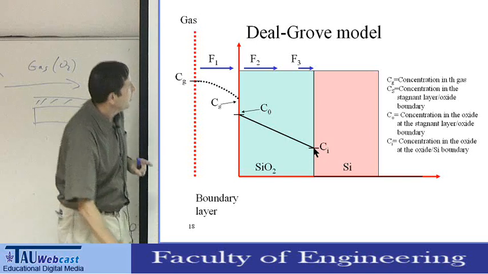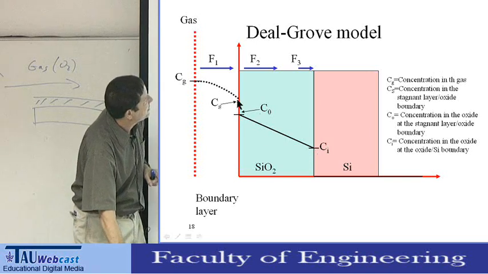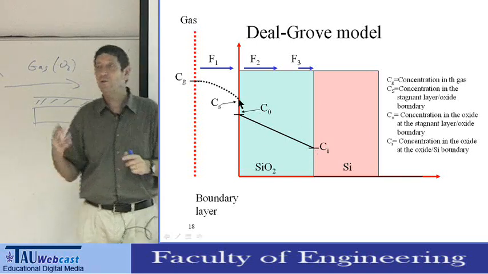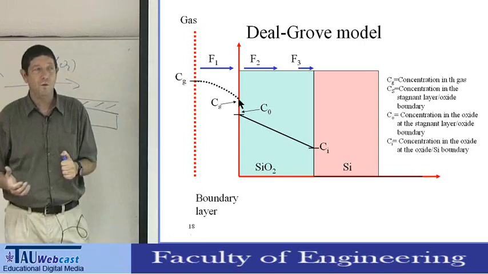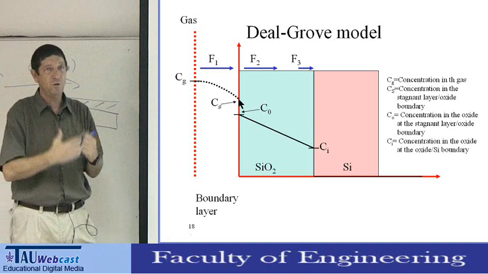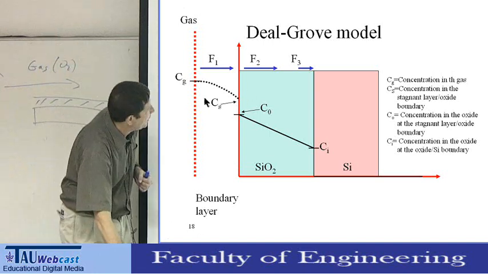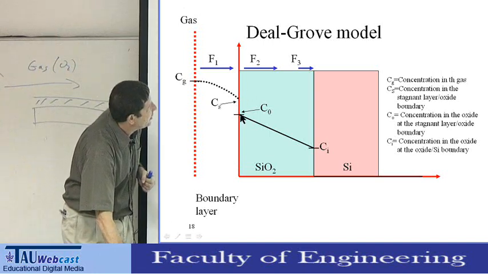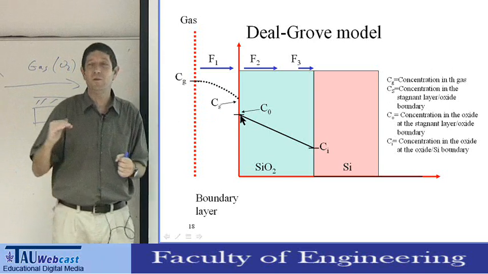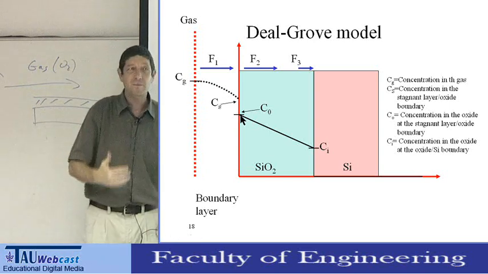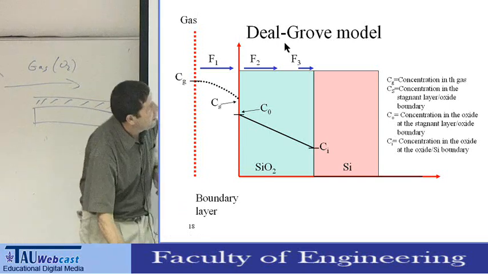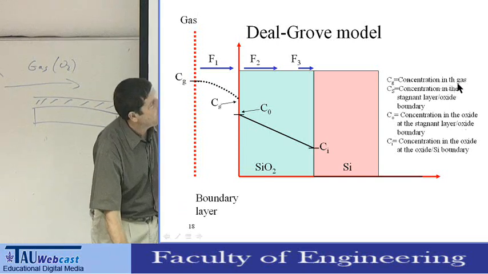Now pay attention that I put here CS, which is the solubility limit of the species on the surface, but the actual concentration is C0. It's less than the limit, and I will explain the reason as follows. Cg is the concentration in the gas.